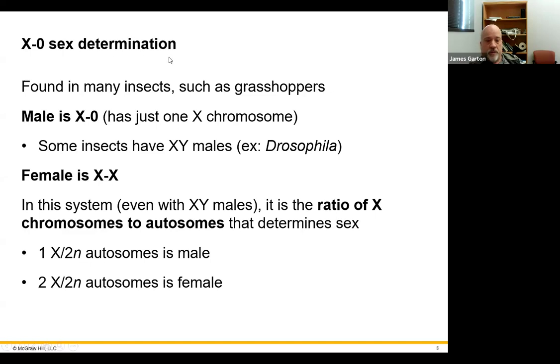In the X0 system, it is actually the ratio of X chromosomes to autosomes that is the actual determination. If it's one X to two autosomes, a 1/2 ratio, it's male. If it's a 2-to-2 ratio, it's female.